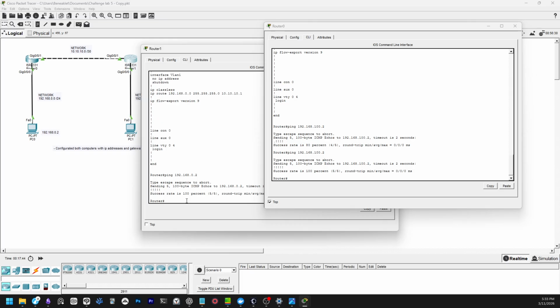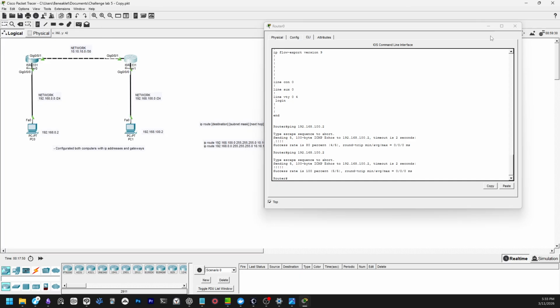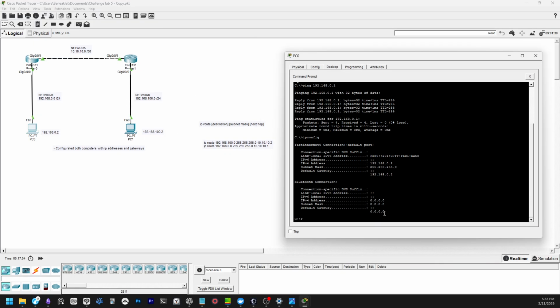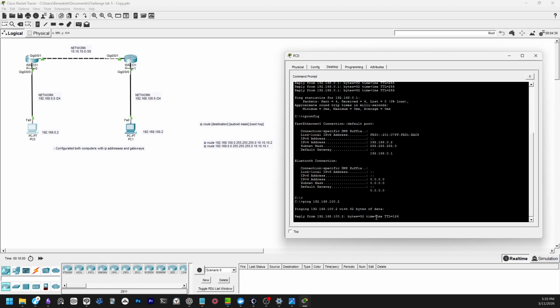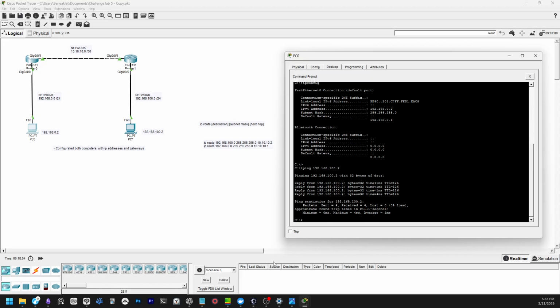And just like that, with this theory, because the actual mission was having PC talk to PC1, I should be able to ping the other computer.